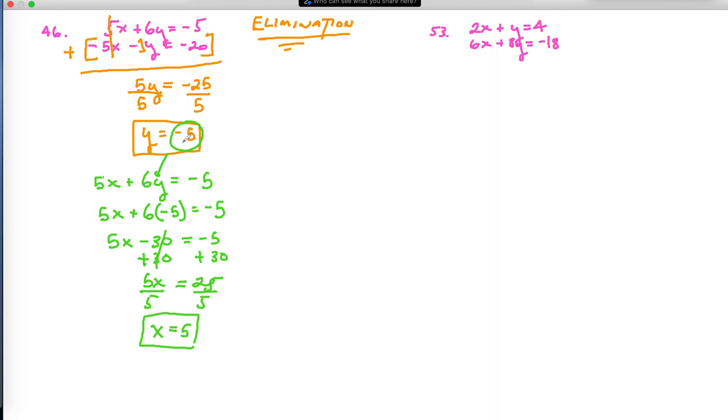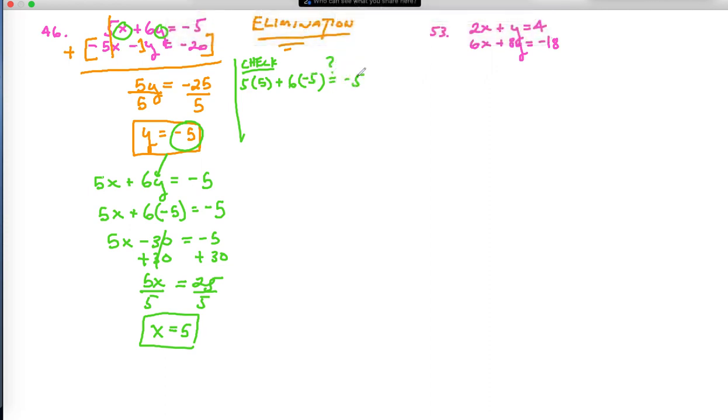And again, I can check. I plug in for x and y, and I see if it makes both equations true. So let's just check it real quick before I go on to the next one. 5 times, instead of writing x here, I write 5, plus 6 times, instead of writing y here, I write -5. And this should give me -5, question mark.